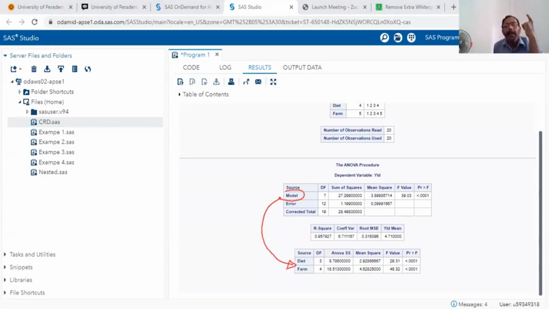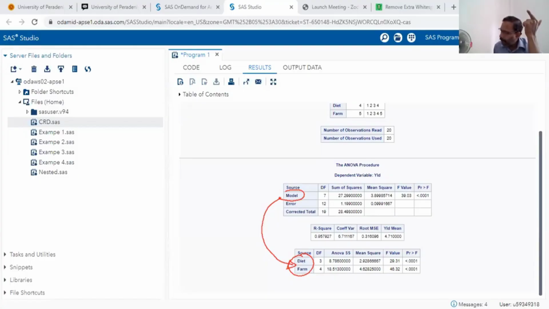In the model, what are the components we have entered? Diet and the farm. So you see diet and the farm are included in the model.